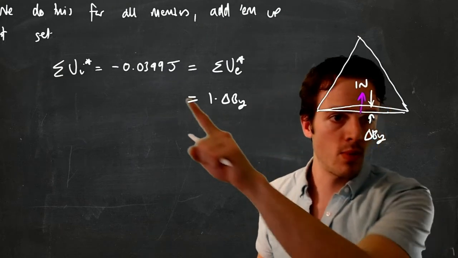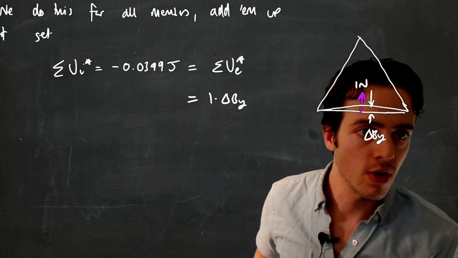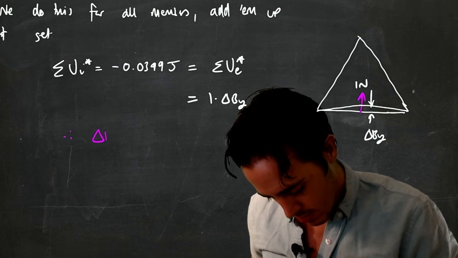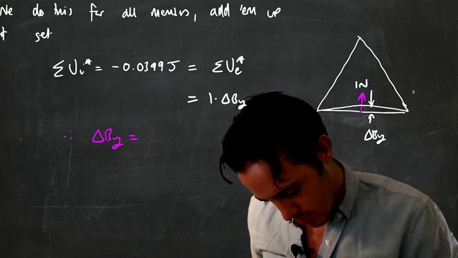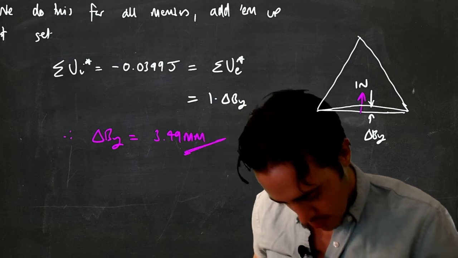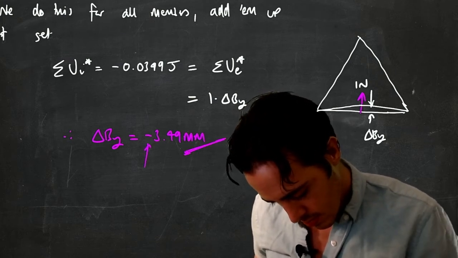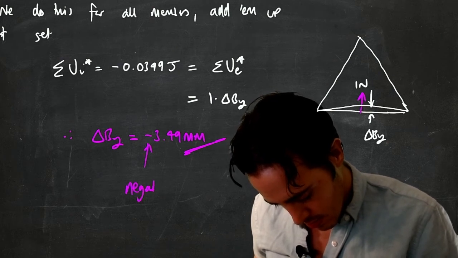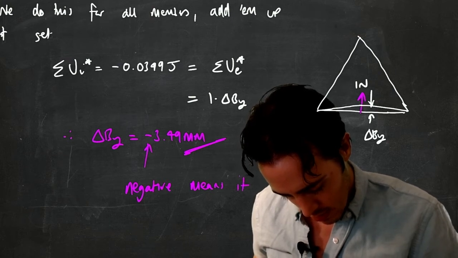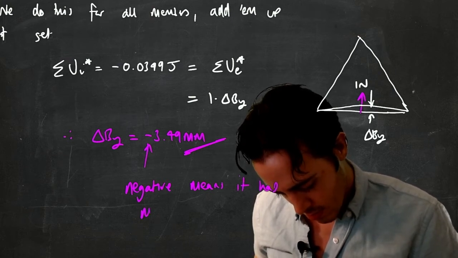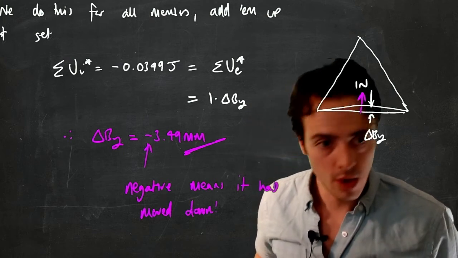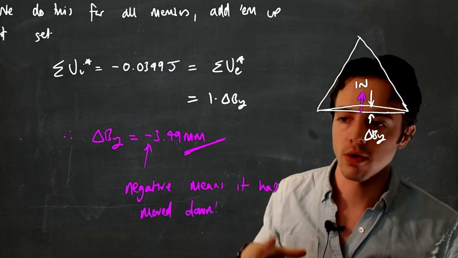So it follows that delta By is simply equal to minus 0.0349 meters. Okay, and because it's negative, it means that it's moved down.